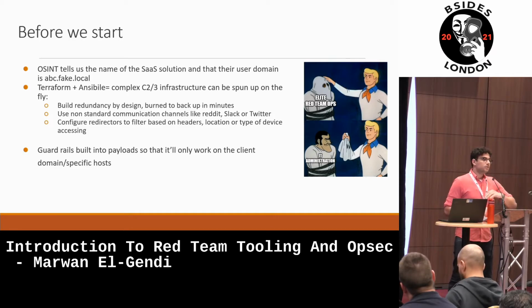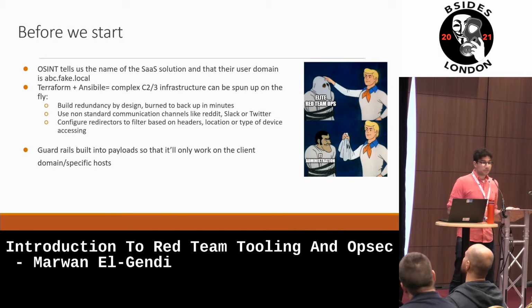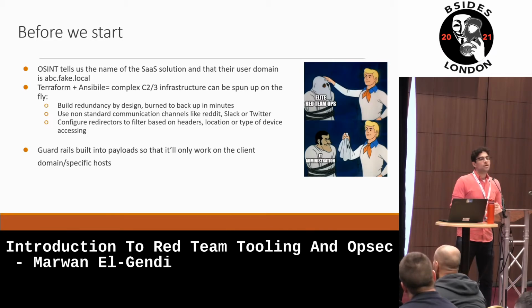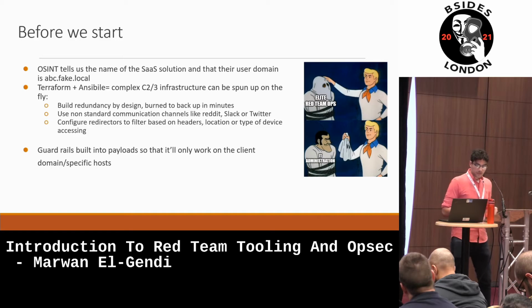So you can burn the domain really quickly if you need to, or you can pivot to a different communication technique, or use something alternative like Slack or Twitter to beacon initially, and all kinds of different things. That confidence in your infra lets you focus on the fun stuff of the engagement. So you're no longer wasting a week on domain categorization and that stuff. You're just spending maybe half a day, and then you're ready for the test. So in general, what you try to do is build guardrails.